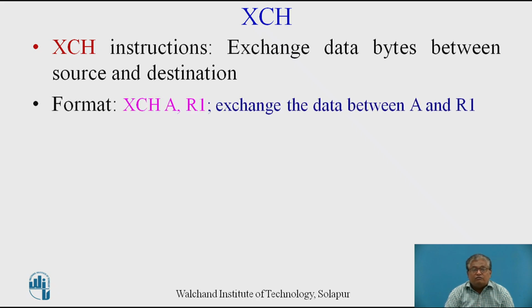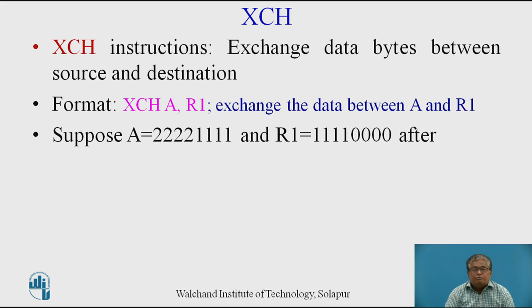The format for exchange instruction is, for example, XCH A, R1. So exchanging the data between A and R1 means the value stored in R1 register will be transferred into the register A, and the value from register A will be copied into the register R1.